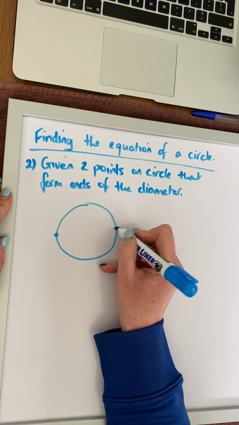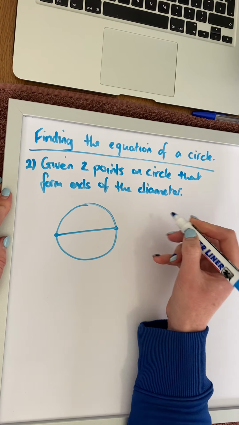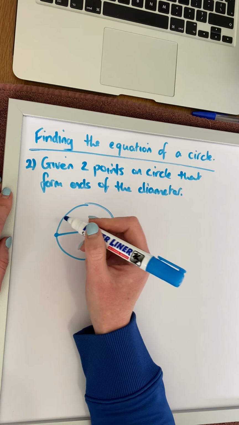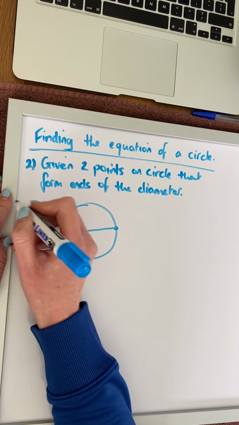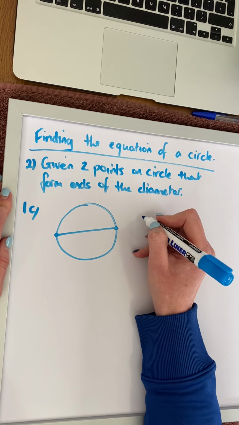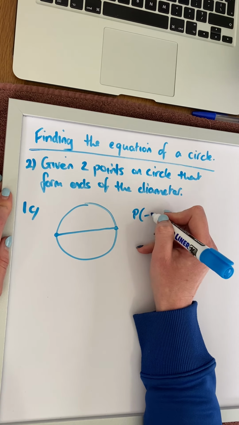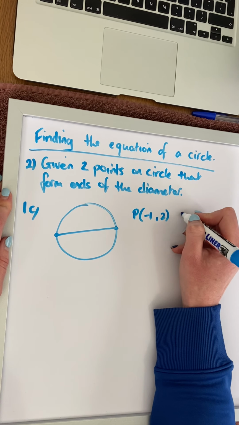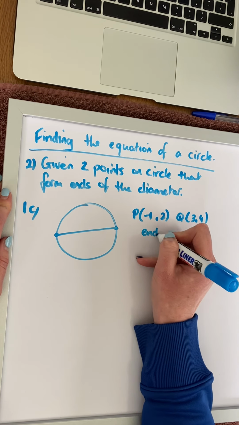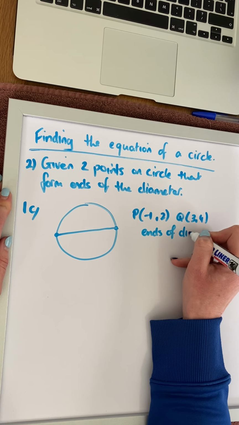We know that this line here is the diameter of the circle, and we are given this information here. So the question we're going to look at is question 1, part C. And we are told in question 1, part C, that the points P, which is minus 1, 2, and Q, which is 3, 4, are the ends of the diameter of the circle.